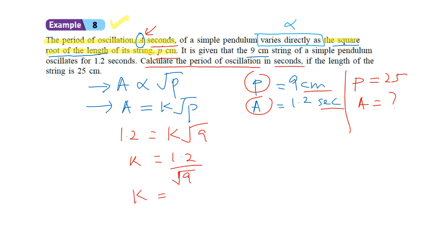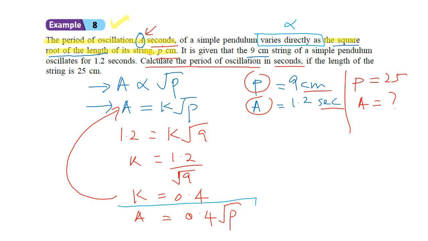So you will get K is 0.4. Now you just substitute your K in the equation. You will get A equals 0.4 square root of P. So this equation is very important for you to find what is your A.